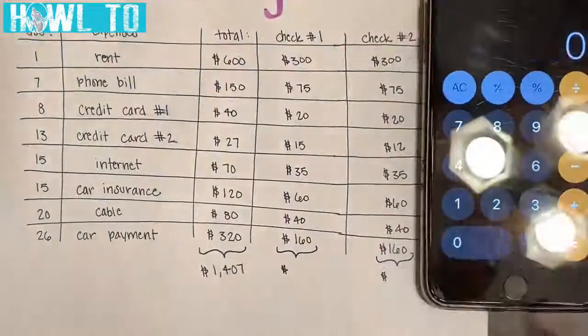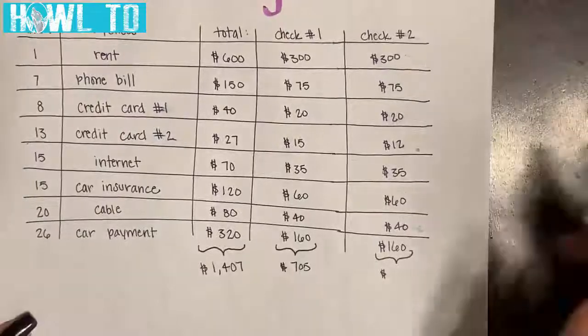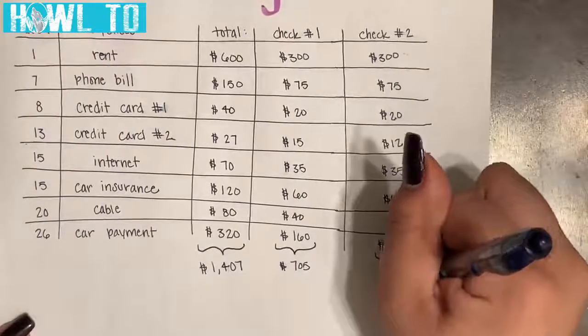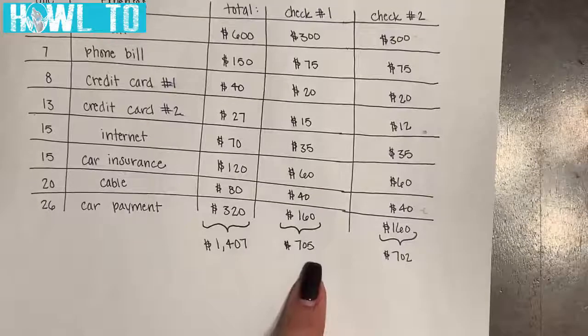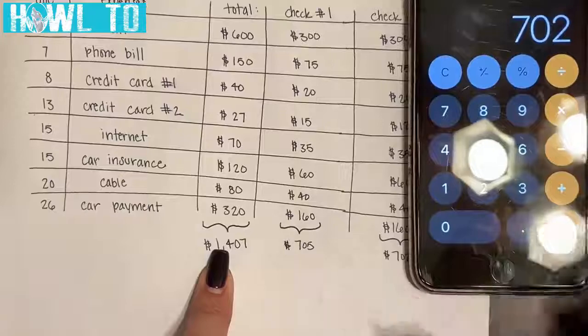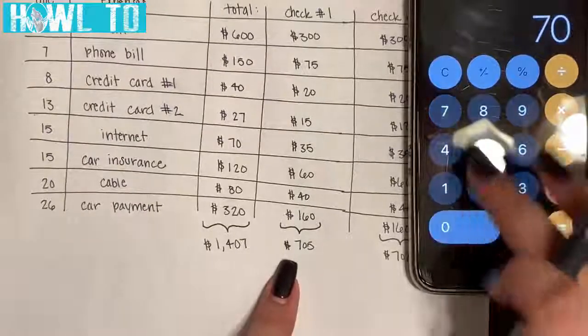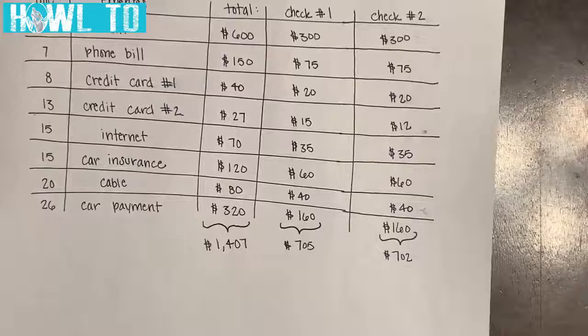And once again, I'm going to add everything up. I get $705 and $702. And the next thing we want to do is add 705 with 702 and make sure we get the correct amount. So we do, it checks out to $1,407.